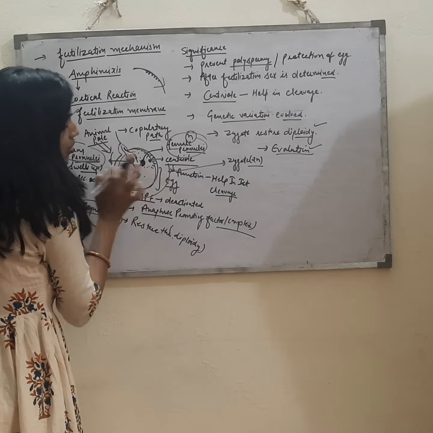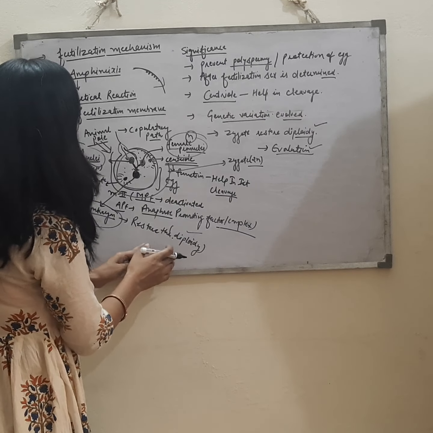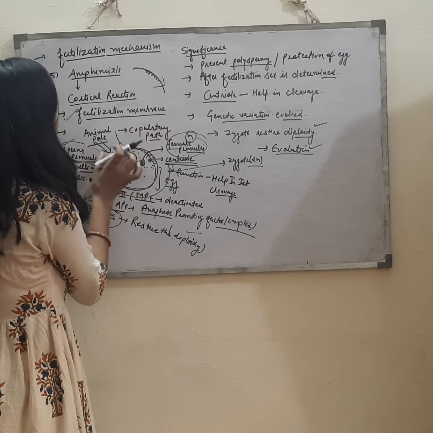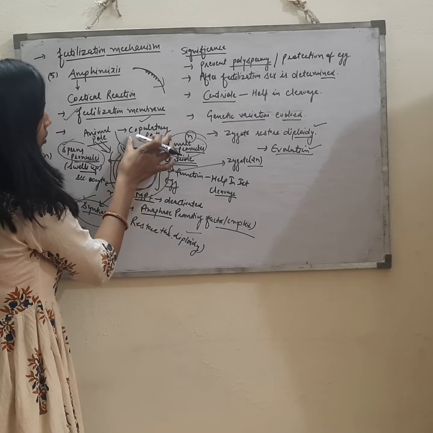As you know, synkaryon is a fusion of nuclei and restores the diploidy. This one is haploid, this one is haploid, and when both are fused with each other and synkaryon formation takes place, this synkaryon restores the diploidy. Now this one is diploid, and the path that is followed by the sperm is known as the copulatory path.